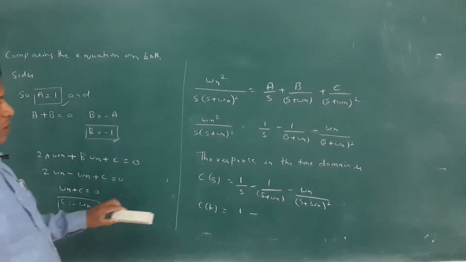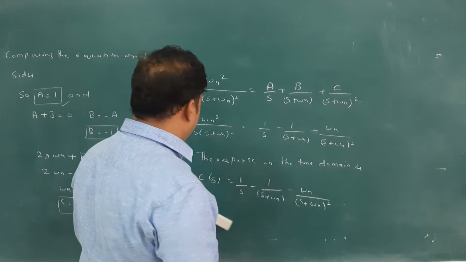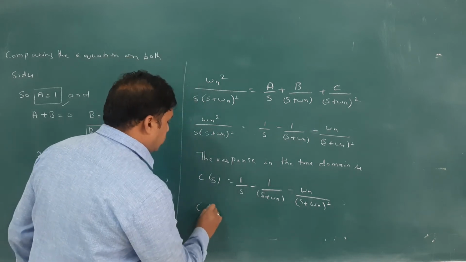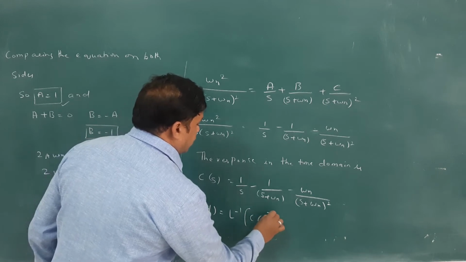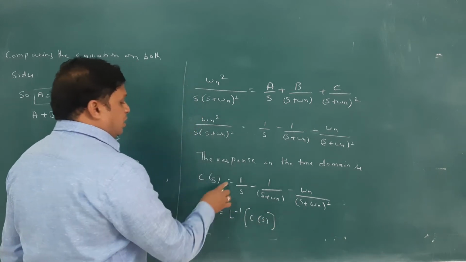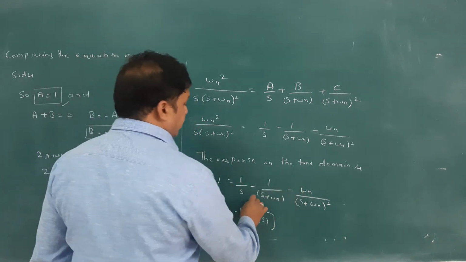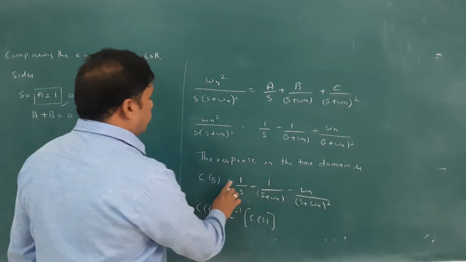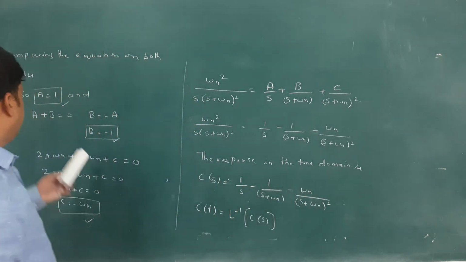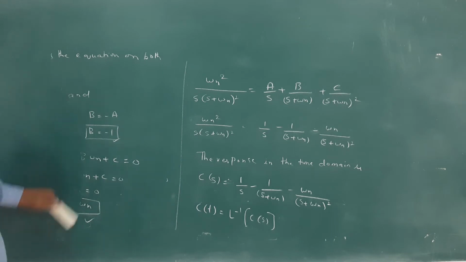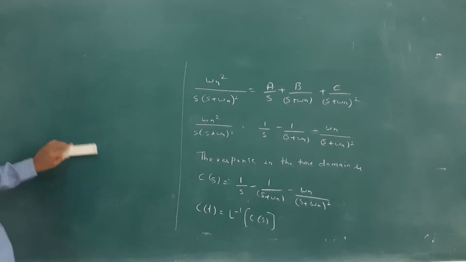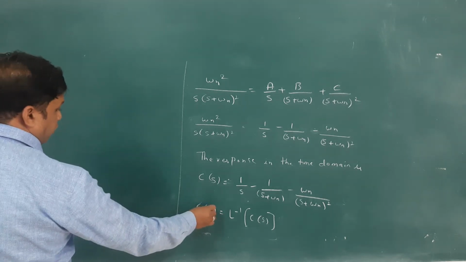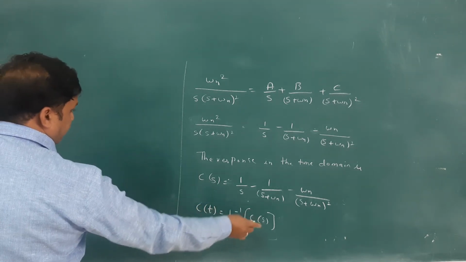What we do here is write the equation first: C of t is equal to L inverse of C of s, the inverse Laplace transform of C of s. For this complete C of s, we have to do the inverse Laplace transform of these three terms. If you remember these values, we can easily get C of t in terms of t only.